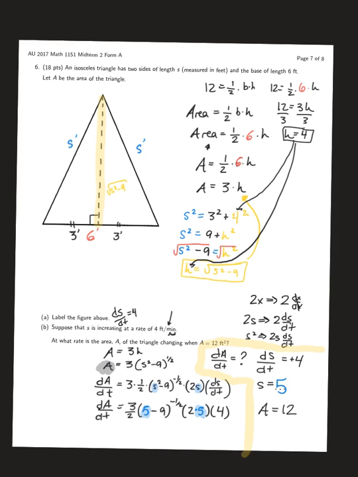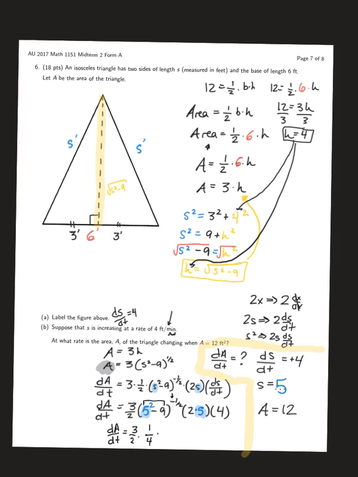So if I put this square back that I accidentally erased, and if we were to evaluate all of this, dA/dt equals 3/2 times (5 squared minus 9, 25 minus 9 is 16) to the negative 1/2, which means we're going to do 1 over the square root of 16, which is 1 over 4.